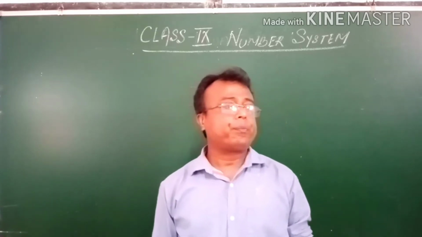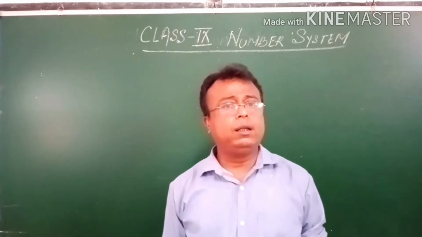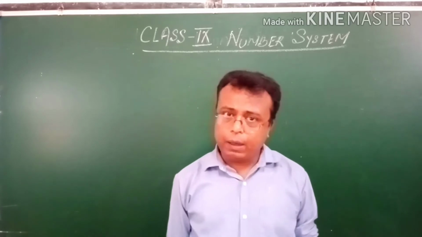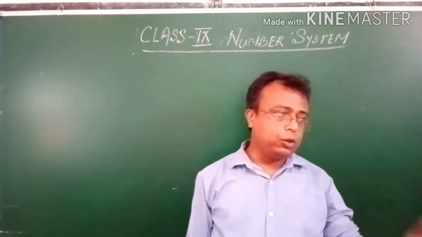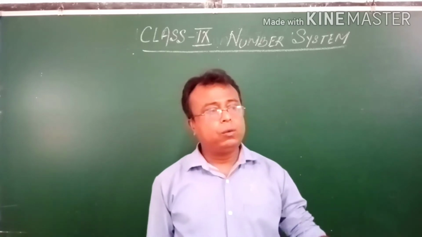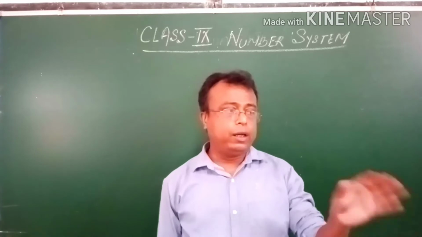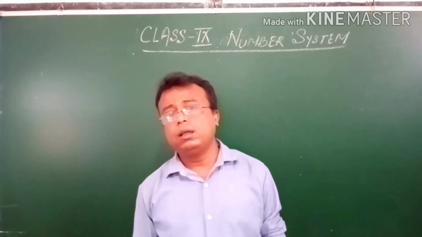Now you see exercise number 1.1, whatever questions are there, you can solve by that. Very easy questions, and I left those questions for you so that you can practice them at home. Nothing new to learn in this. Question number 1 is whether 0 is a rational number.